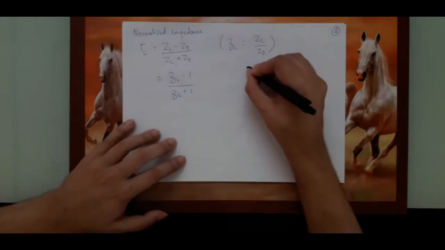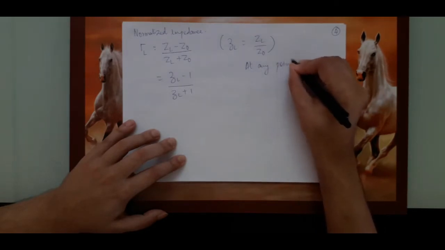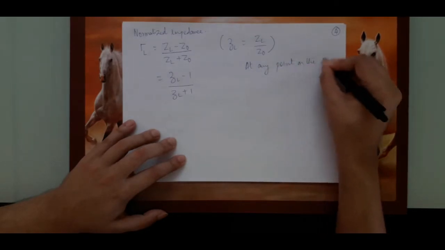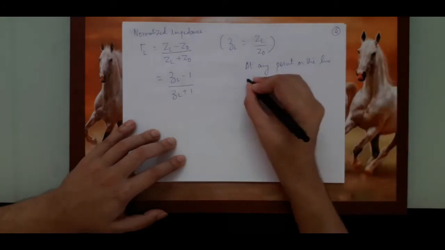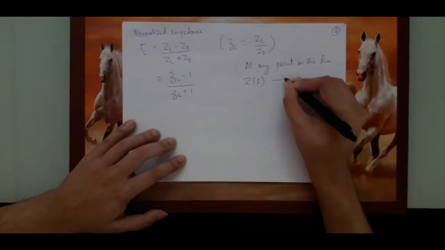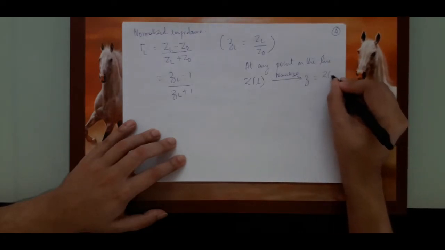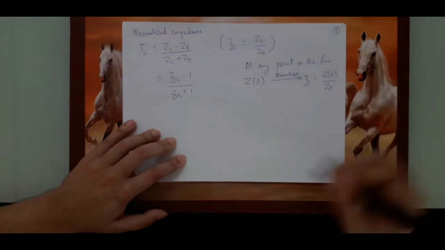Now, at any point on the line, I can have impedance Z as a function of L, and I can normalize it and call this as small z, which is nothing but Z of L by Z0.